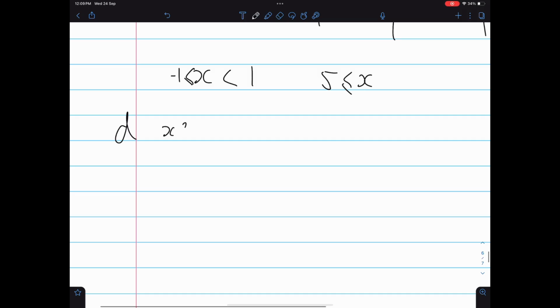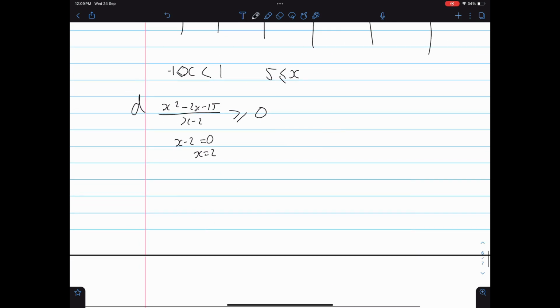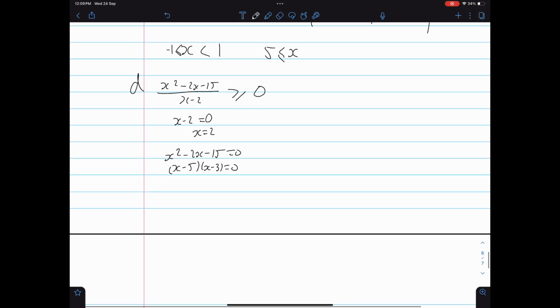D. X squared minus 2x minus 15 over x minus 2 greater or equal to 0. Again, find all the critical points. Then see when it equals 0. So we have the points at 2, 3, and 5.